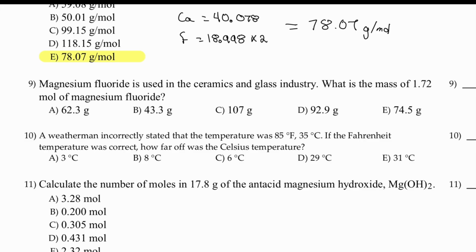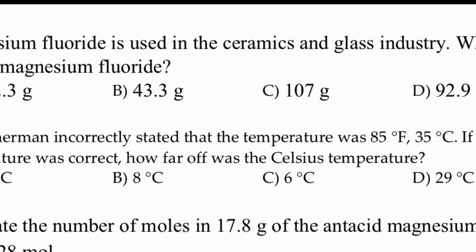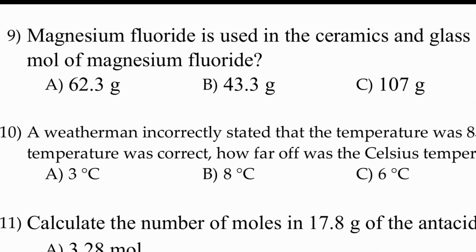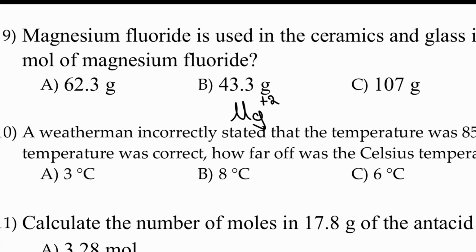Magnesium fluoride. They don't actually give you the formula for this one, so let's figure it out. Magnesium is going to be Mg, and on the periodic table it's group 2, so we remember plus 2. Fluoride we have to remember is F minus.